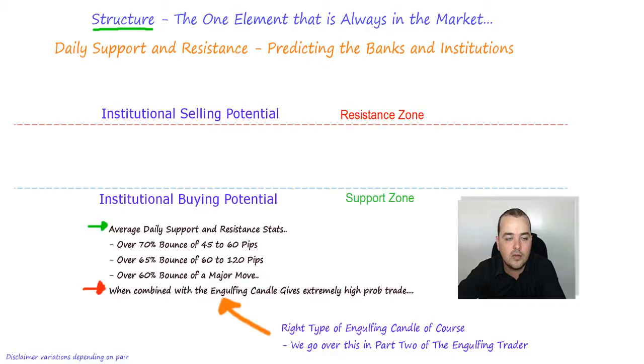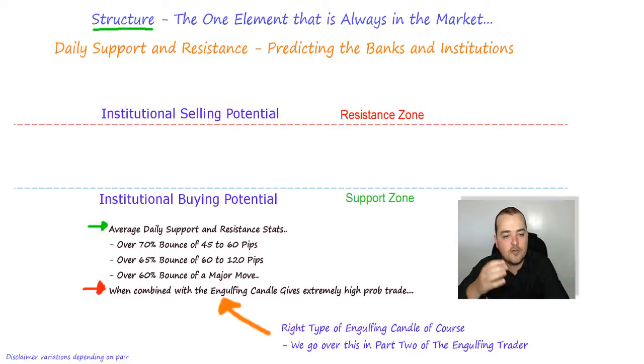Now, once again, the daily support and resistance is the strongest form of support and resistance in the Forex market, other than, of course, the weekly and monthly. These levels are good areas to trade, whether you're trading on the 4-hour, the 1-hour, the 15-minute, or even the 5-minute. These areas are potential higher probability areas in order to take your trades.